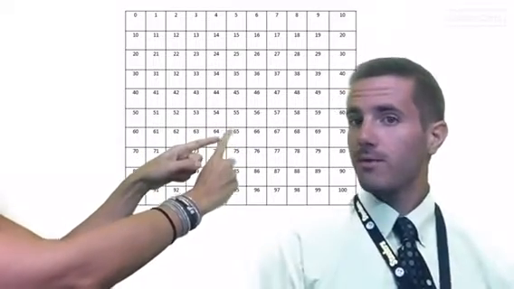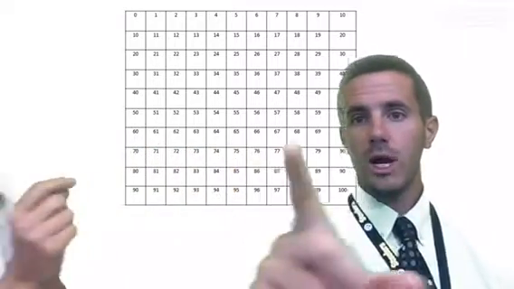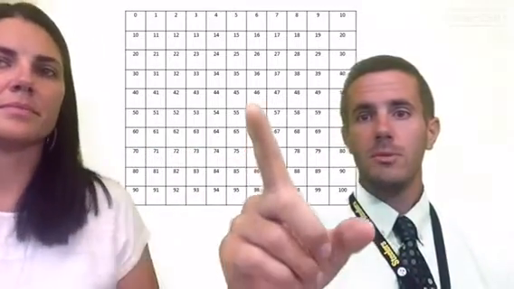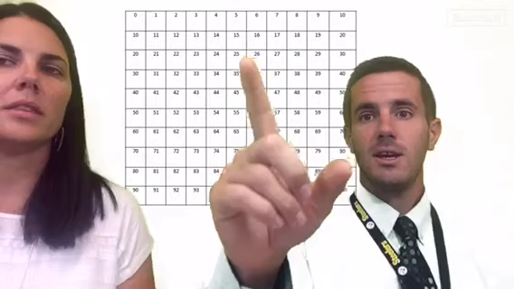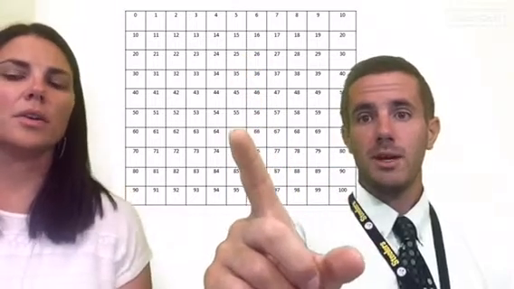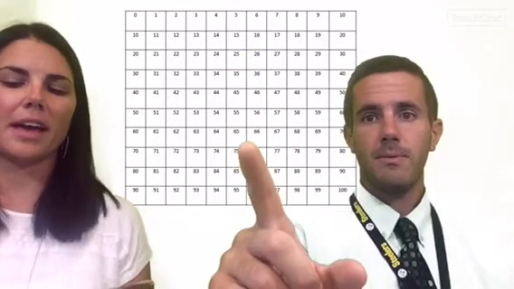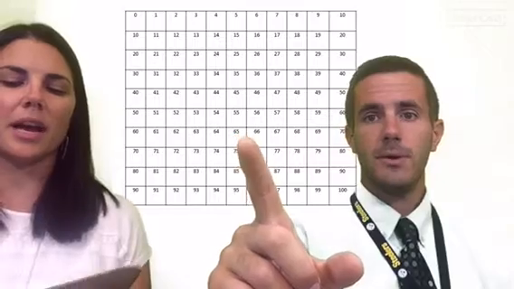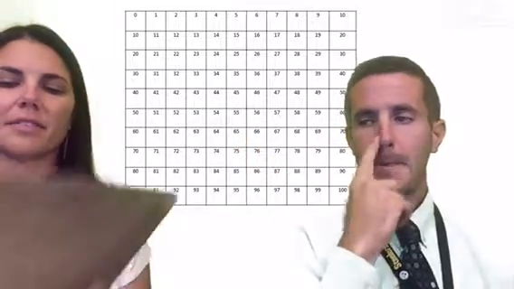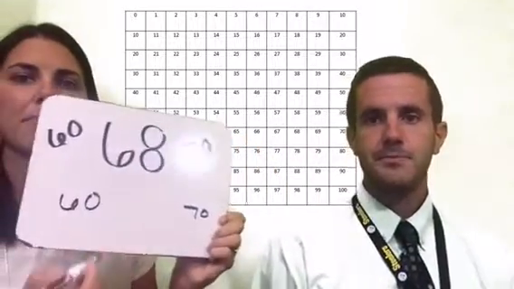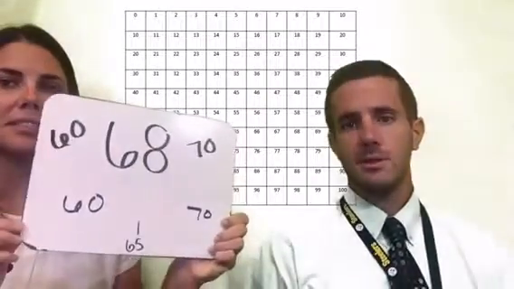When you're rounding to the 10s, all those numbers that end in 5s are my midpoints. So the number directly in the center of 60 and 70 is going to be 65.